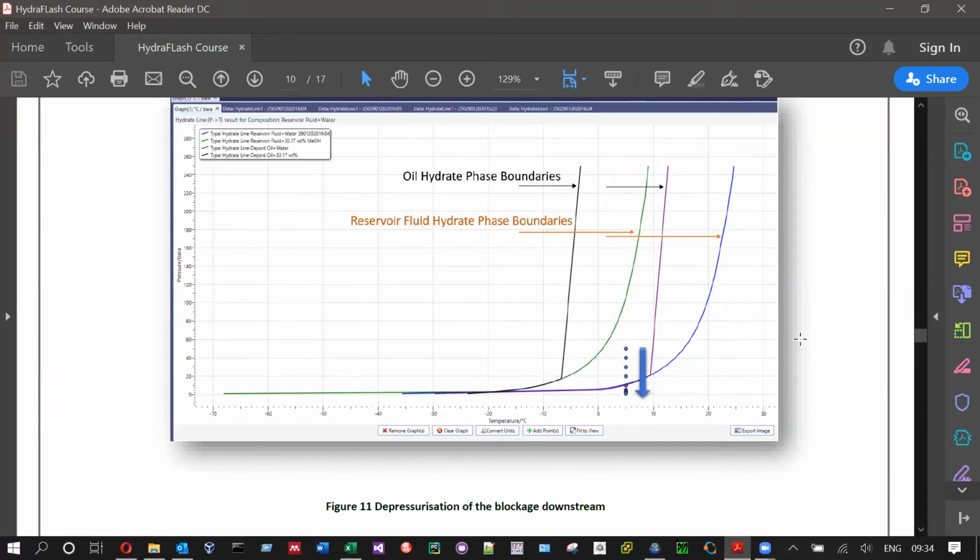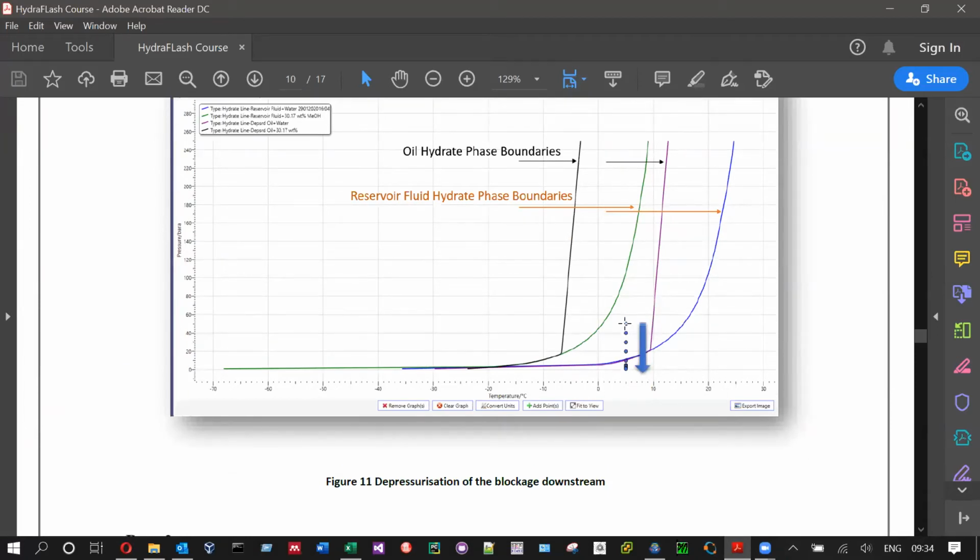Here we are showing the depressurization. If we assume that the pump didn't work properly and methanol wasn't injected into the system, after depressurization to 20 bar, at which we did the flash calculation, we are still in the hydrate phase boundary. So depressurization probably cannot resolve the blockage.